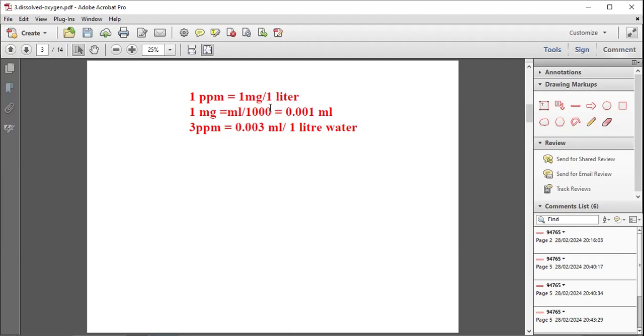Understand what's the meaning of BOD? BOD is equal to 1 ppm. We speak of 1 ppm BOD, and you have to get a clear-cut idea. 1 ppm BOD is 1 ppm.